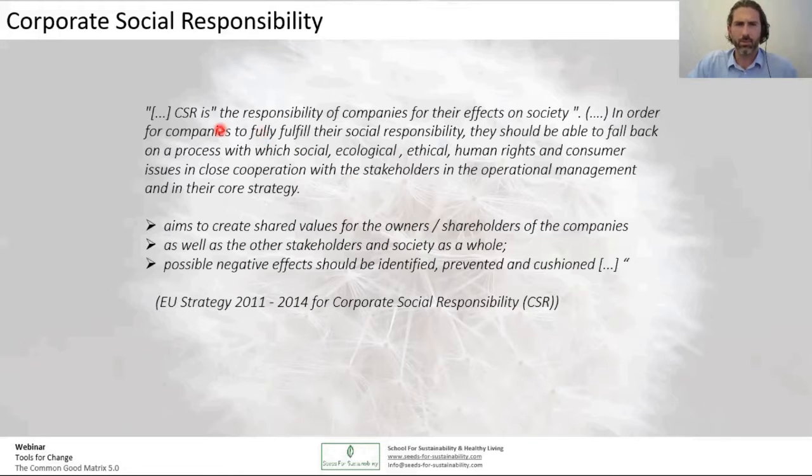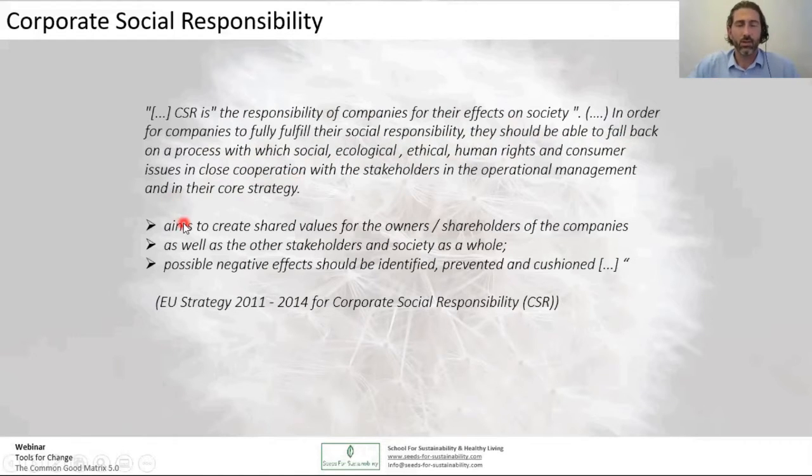So corporate social responsibility is the responsibility of companies for the effects on society. In order for companies to fully fulfill their social responsibility, they should be able to fall back on a process with which social, ecological, ethical, human rights, and consumer issues in close cooperation with the stakeholders are achieved.